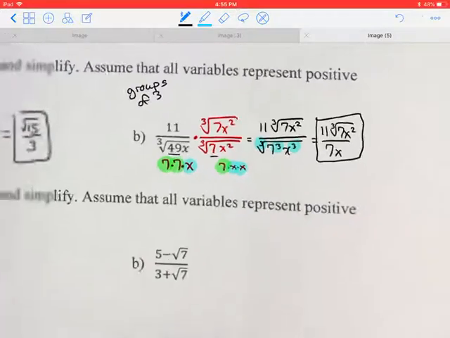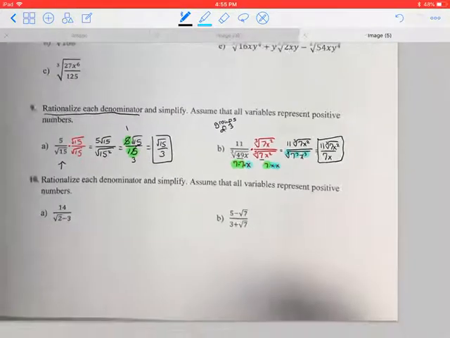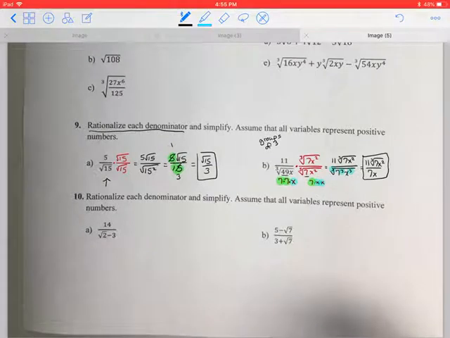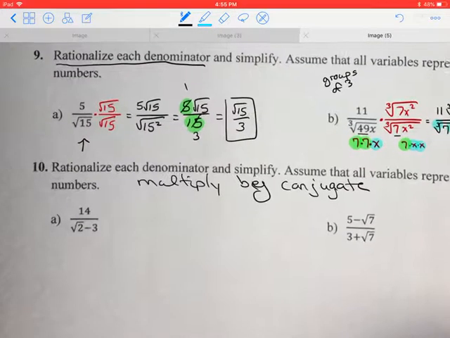Now for the next question, I am looking at binomials on the bottom. So for here, when I want to rationalize the denominator, I'm going to multiply by the conjugate. So remember, to get the conjugate, you have to change the sign on your binomial.